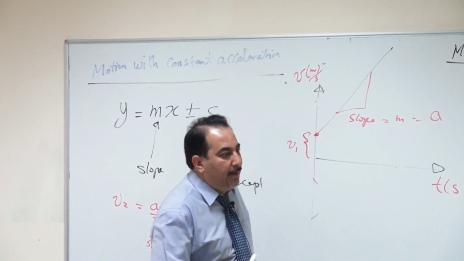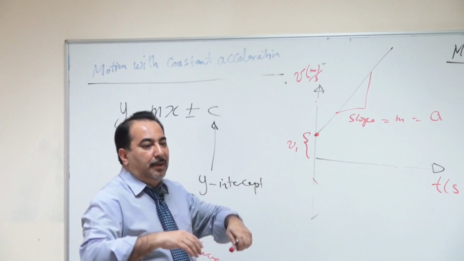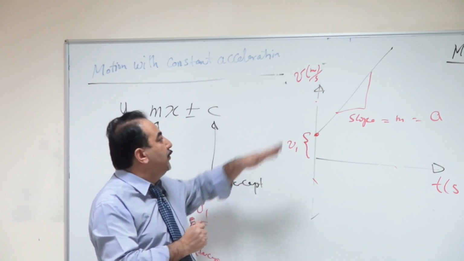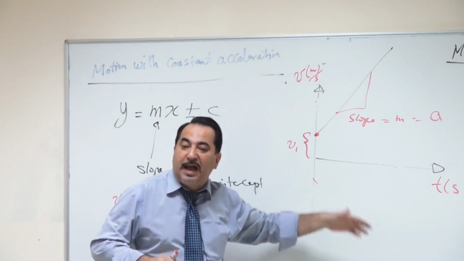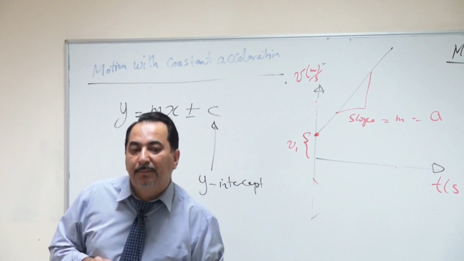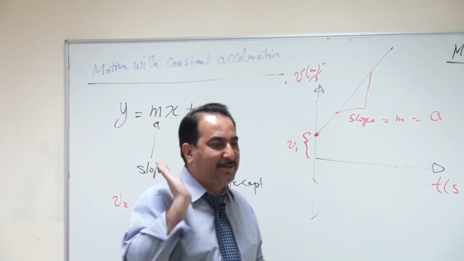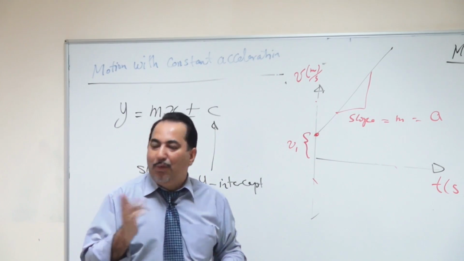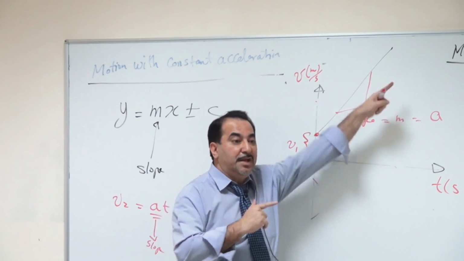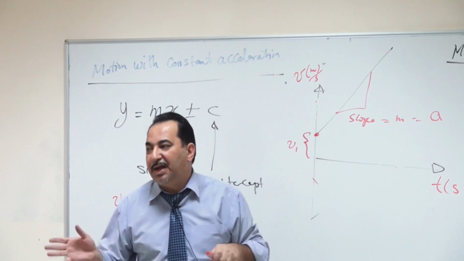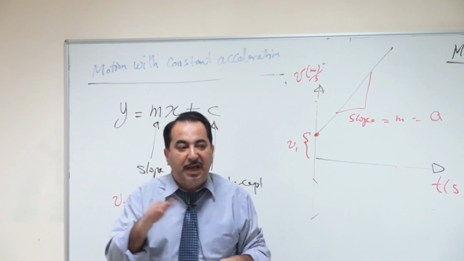What else? Let's look at it differently. Now start from a graph. If someone gives you a linear graph of velocity versus time, what does that mean? The acceleration is what? Constant. When you have a linear VT graph, it means acceleration is constant.